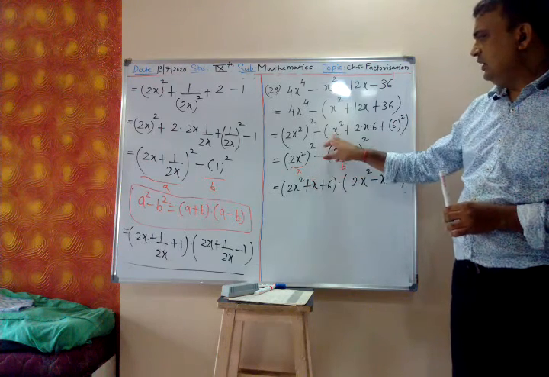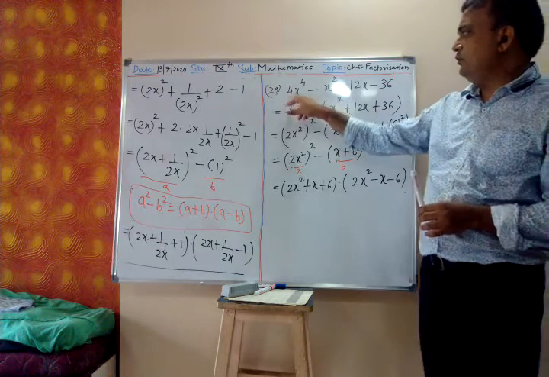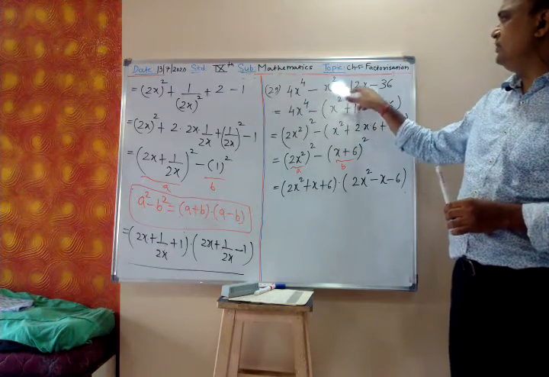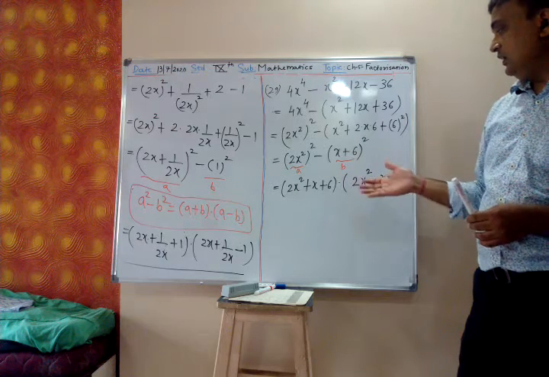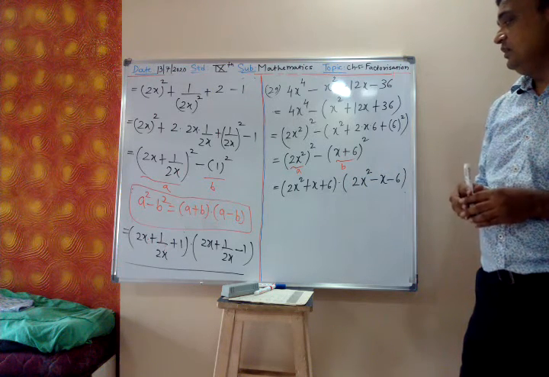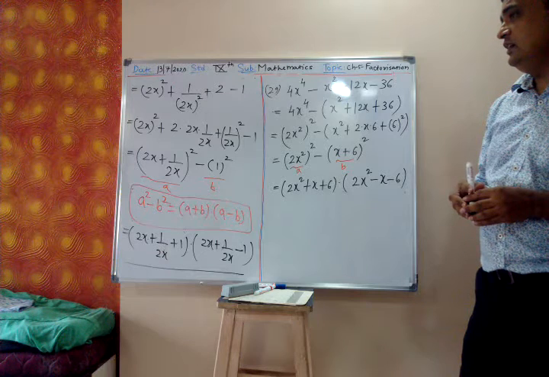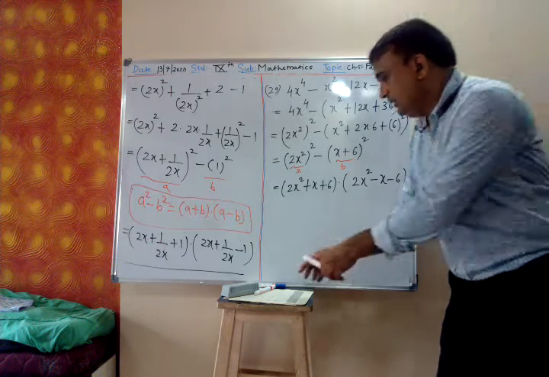Now, x square plus 4x raised to 4 minus x square minus 12x minus 36. Again, this is the quadratic.